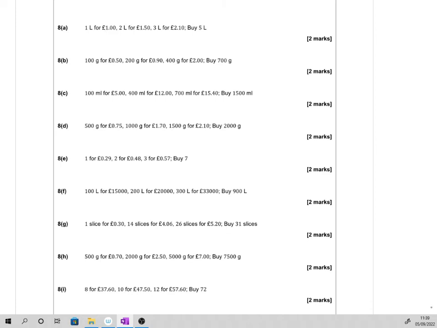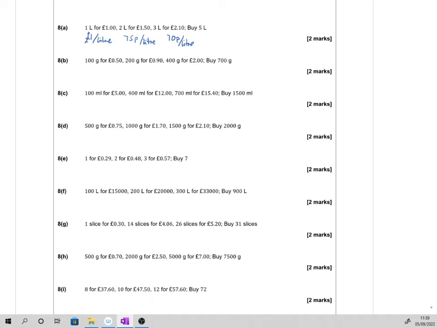So that's a pound a litre. Yeah, 2 litres for £1.50. So this is 75p a litre. Divide that by 3, which is 3. So this one is 70p a litre.